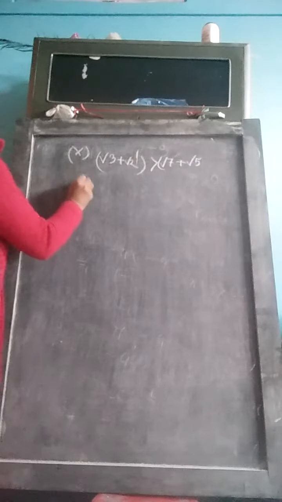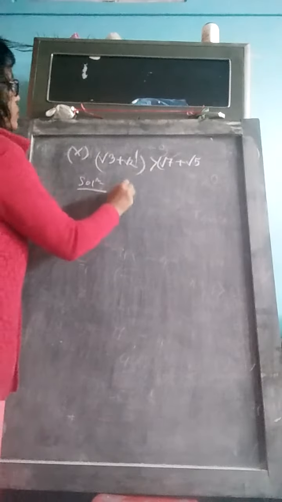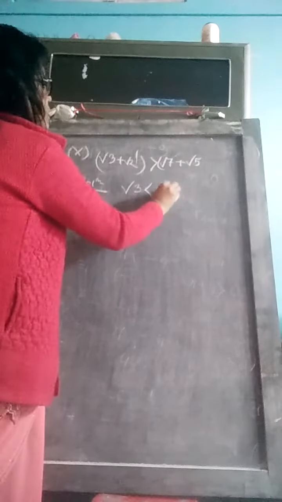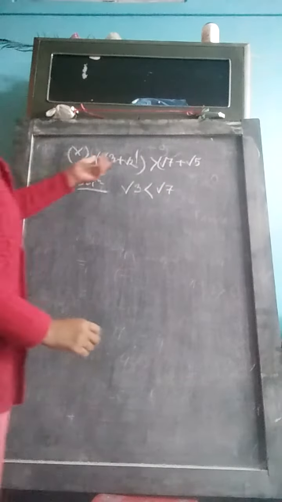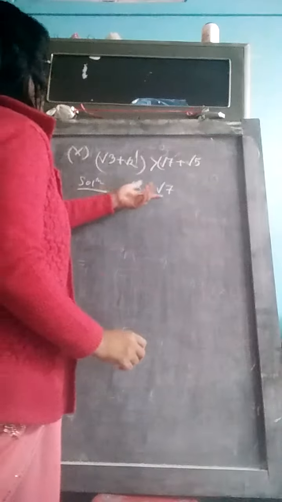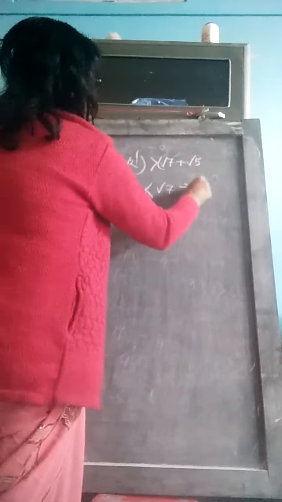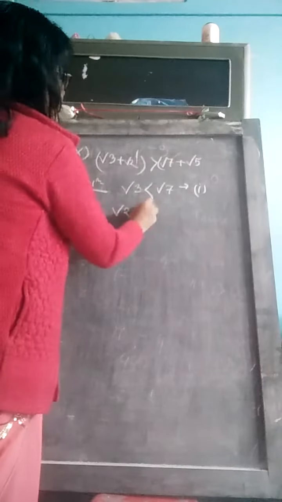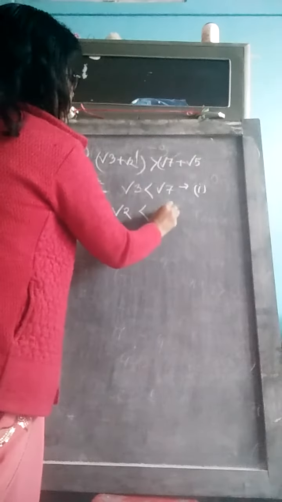Solution. We know that root 3 is less than root 7. This is 1. And the value of root 2 is less than the value of root 5.